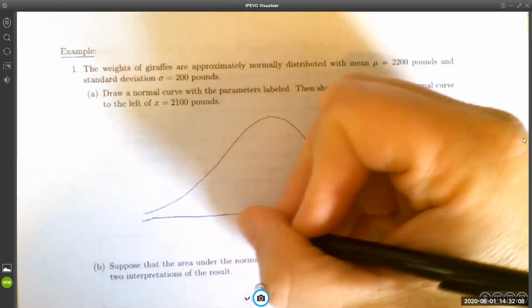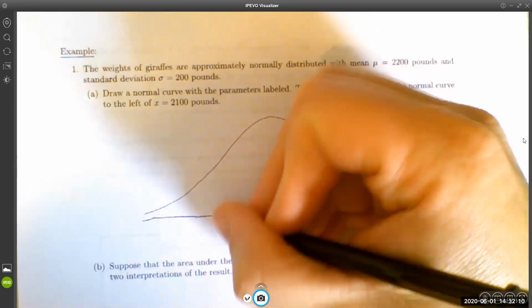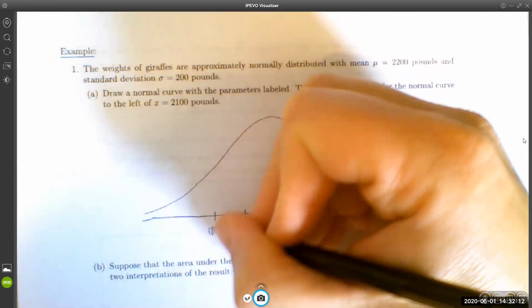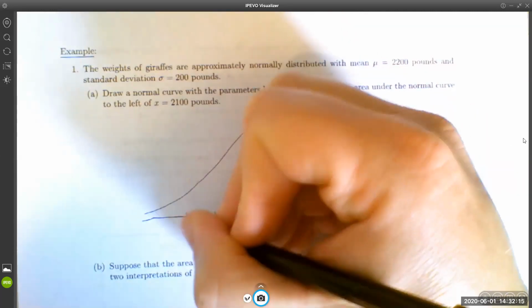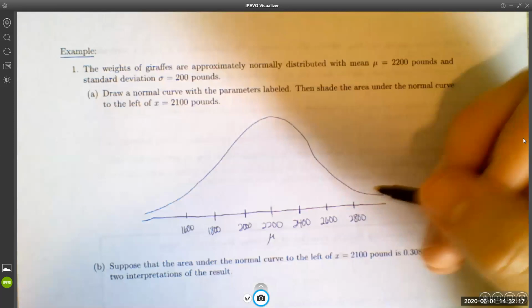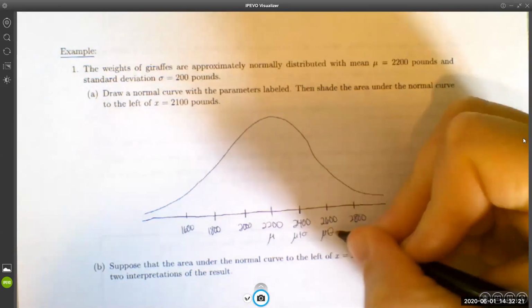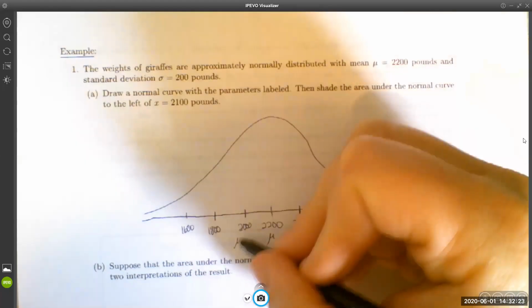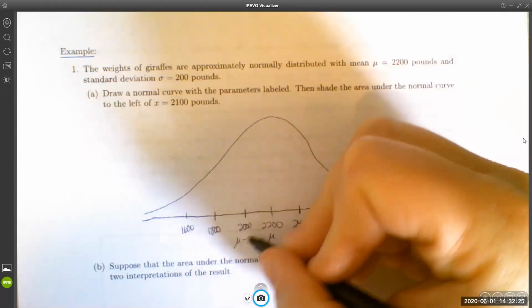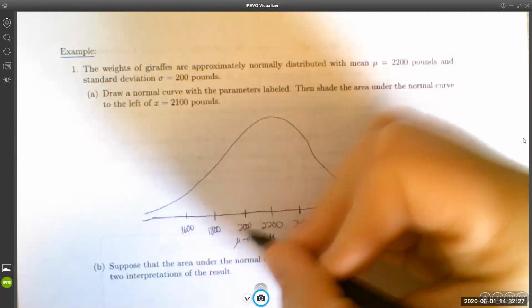So 1 standard deviation below would put you at 2,000, 2 below 1,800, and 3 below puts you at 1,600. Okay, so here's mu plus sigma, mu plus 2 sigma, and so forth, right? Mu minus sigma, mu minus 2 sigma.